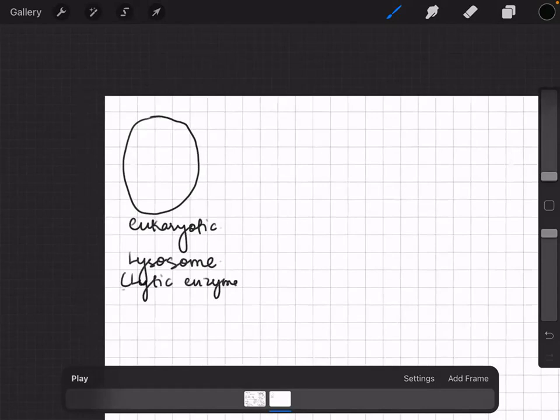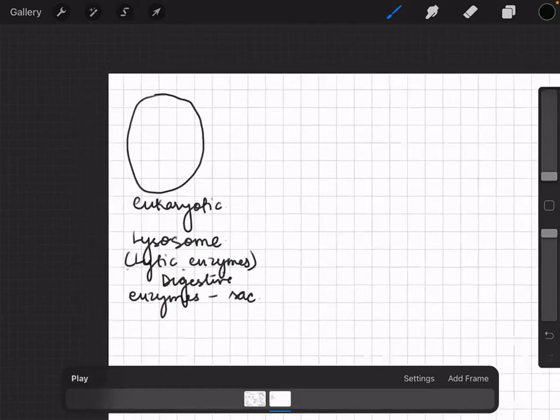So I'm going to write over here, digestive enzymes that are packed into sac-like structures. Whenever a cell receives a response that it is being threatened, or there are certain structures that need to be killed, the lysosomes burst open and the lytic enzymes come out and kill all of the structures that come in their vicinity. That is basically what needs to happen.